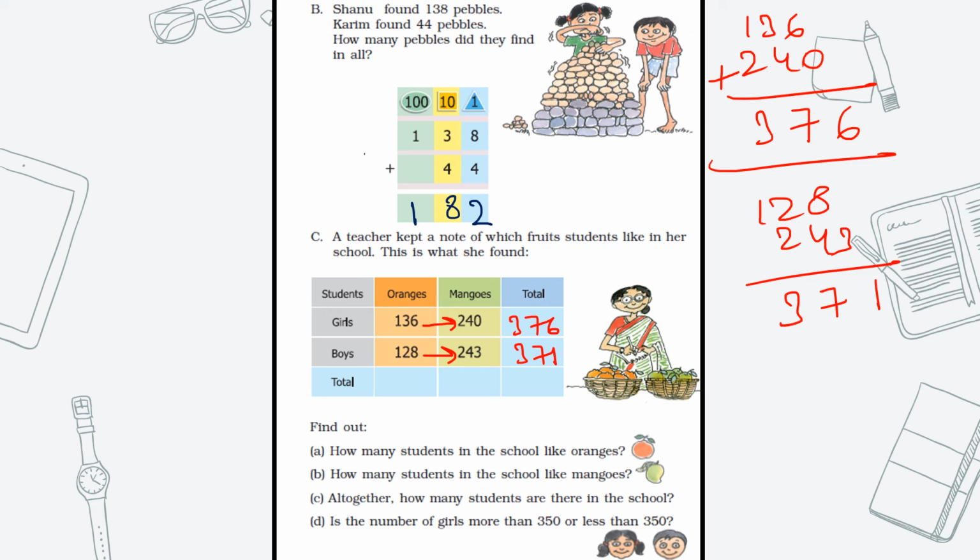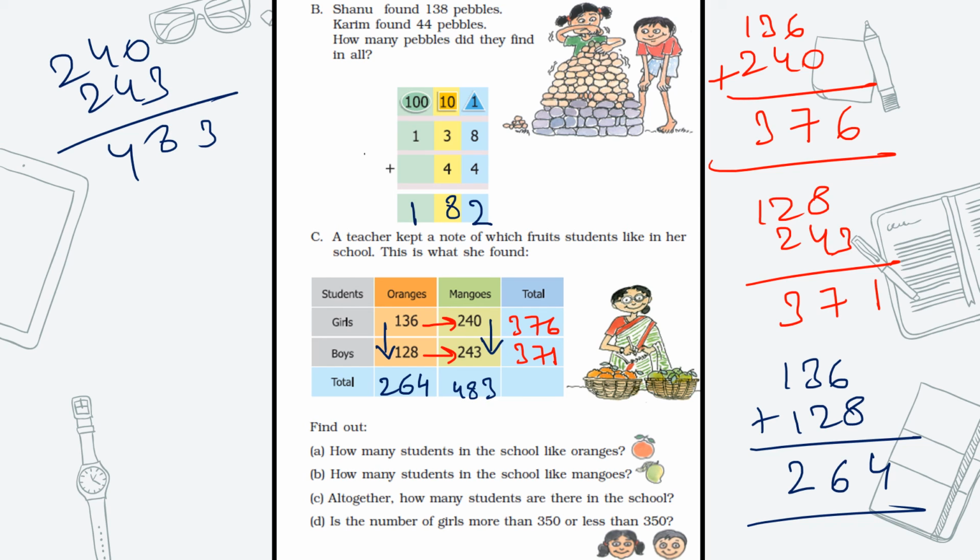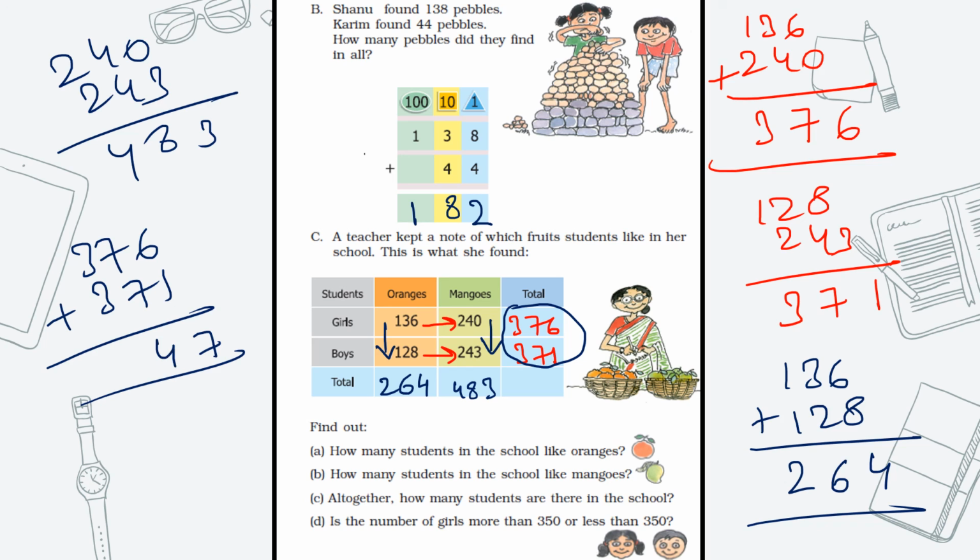Now if we want to know how many students, both girls and boys, like oranges, we will add these two. So 136 plus 128, 264. How many students like mangoes? 240 and 243, 483. And how many students are there in total? 376, 371, 714, 747. Clear?